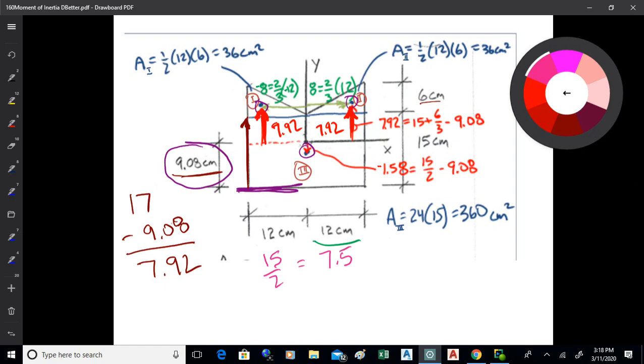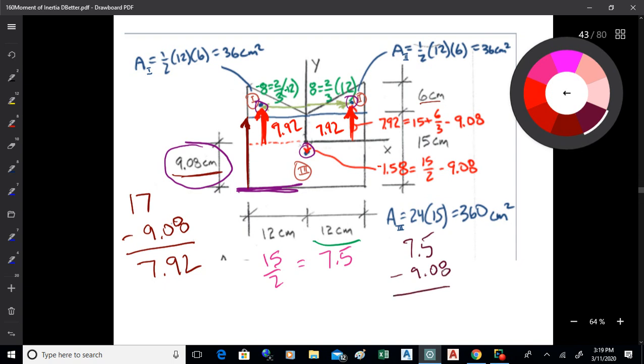Well, the neutral axis is at 9.08. So if I take 7.5 and subtract off 9.08, I get that distance that I'm showing there, which is negative 1.58. So that's the distance from the neutral axis to the centroid of the rectangle. It's a negative distance, so that's going down, basically.